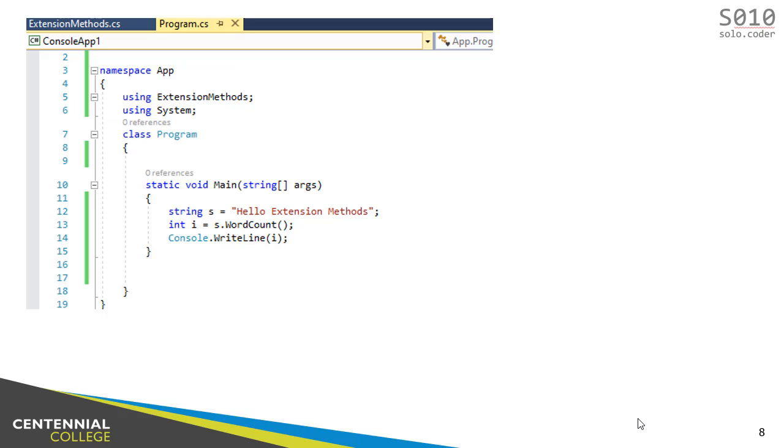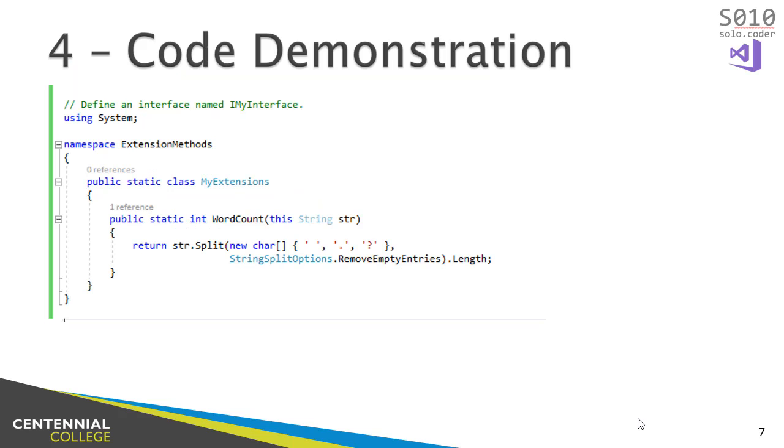In our main class we have called the word count, but we are able to use the word count method without creating a new class because we are using the extension method, which is in the namespace of this class.